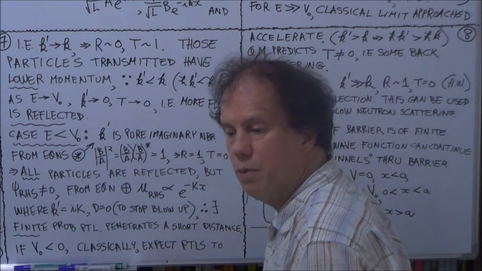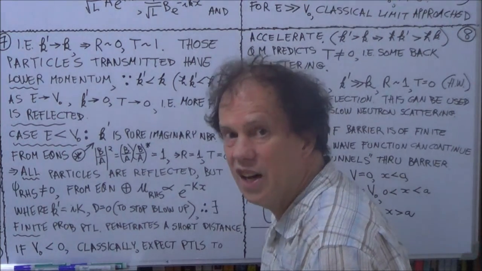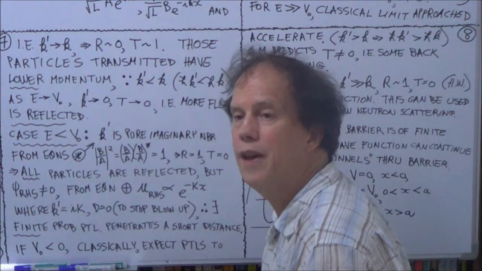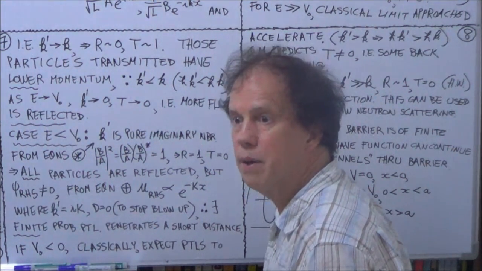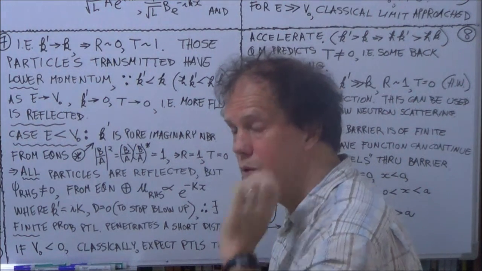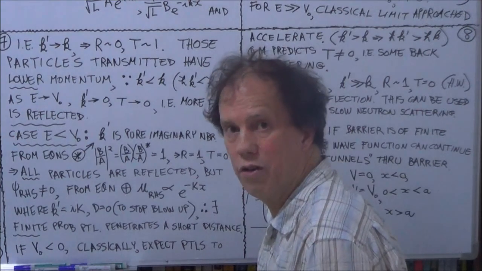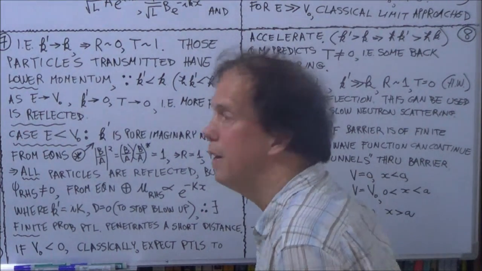An ordinary complex number has the general form a plus ib. But if a is 0, then your complex number is just ib, which is called pure imaginary. There's no real part, no a. It's just the b.